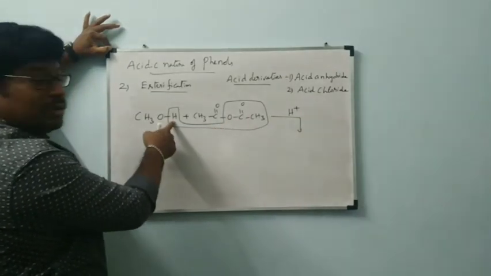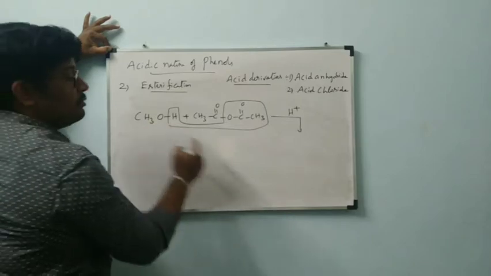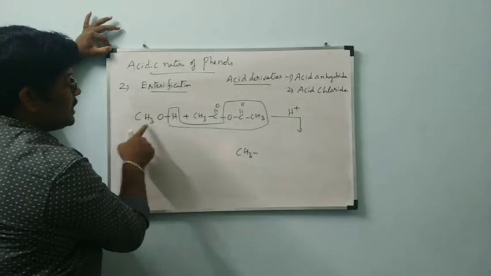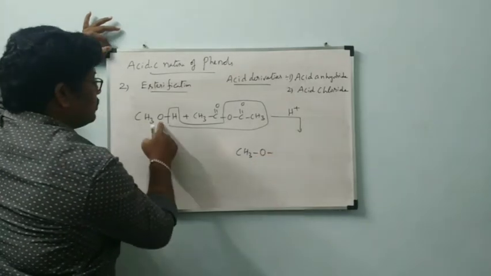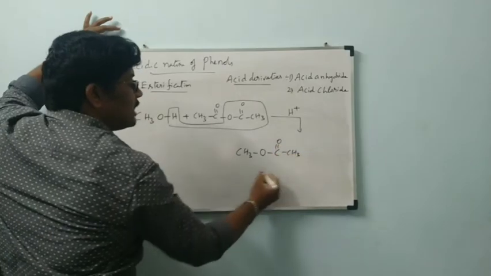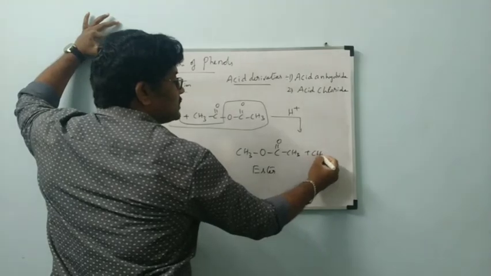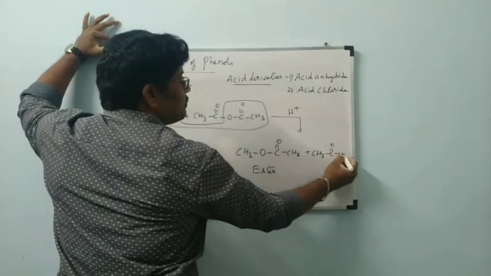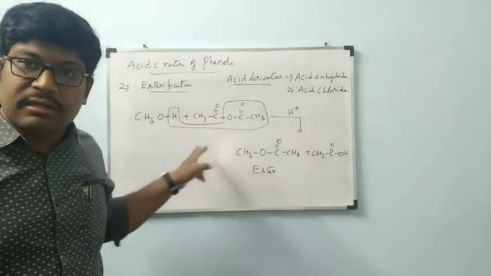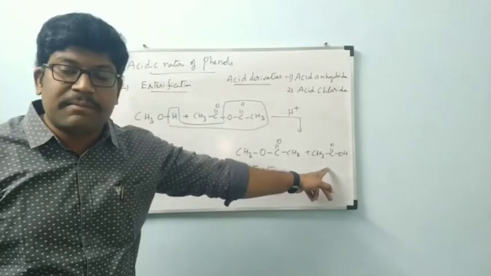This C double bond O is bonded with oxygen to form CH3O bonded to C double bond O, CH3, the ester, plus CH3, C double bond O, OH. If you take anhydride as the reactant, we will get acetic acid as the byproduct.